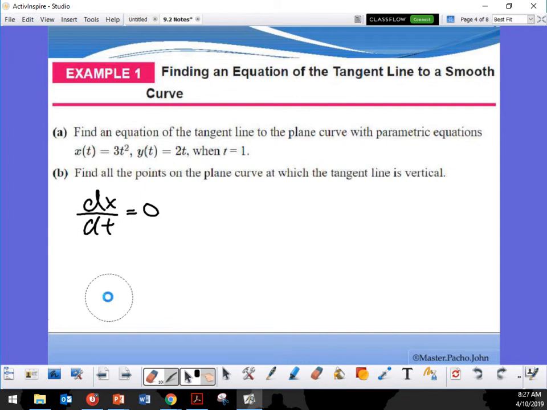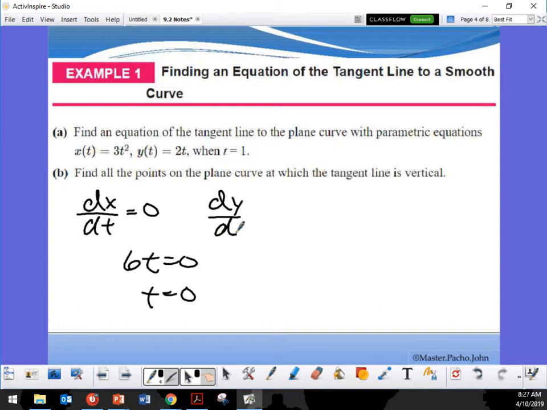All right, so 6t equals 0, t is 0. So now when t is 0, plug it in here. So dy/dt is 2. When t is 0, this is 2. Okay, that's what I needed.